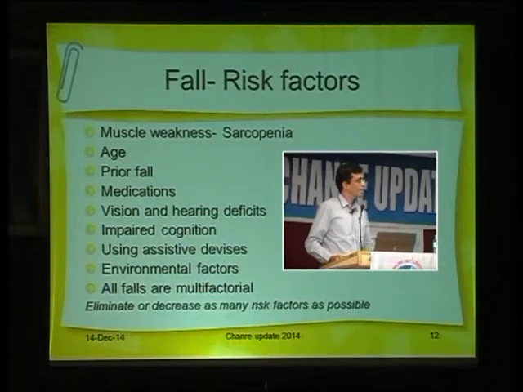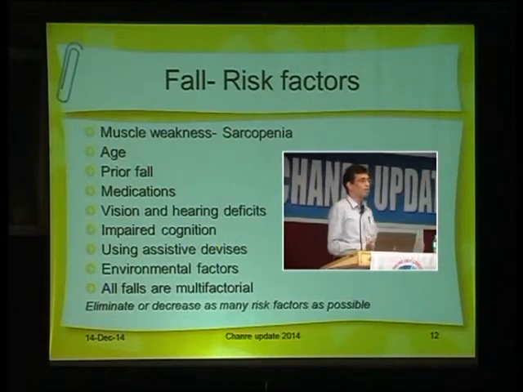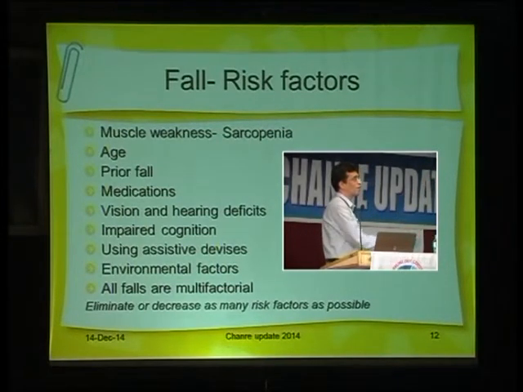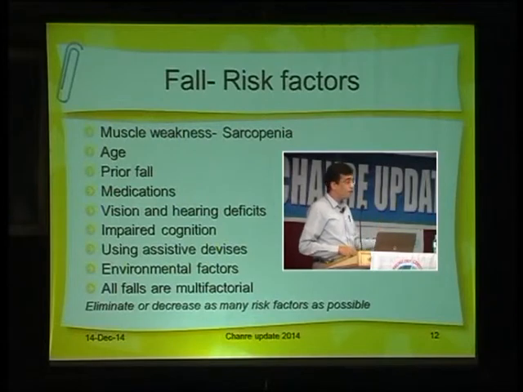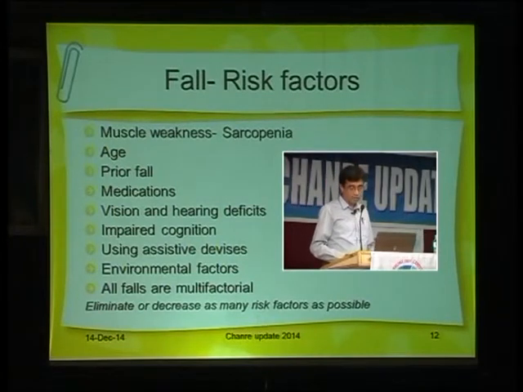They know that nothing is there in the track, so they just walk. But if you have changed the alignment, or put a stool or a round pot there, there is a chance that they may tumble. So always look at the environmental factors, and almost all falls have more than one risk factor. So you need to eliminate and decrease the risk factors.